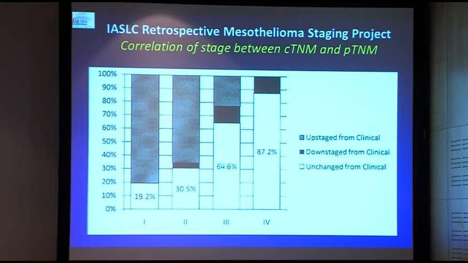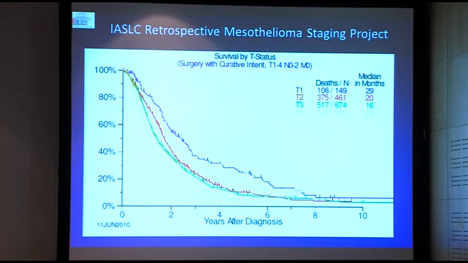For stages 3 and 4, upstaging was unlikely, partly because there isn't much you can go from 4, frankly, and there's a certain amount of downstaging, happily, in that group, which is always good. So it really does confirm what we all know, that the TNM system isn't that great, and our staging predictions are not always that great.